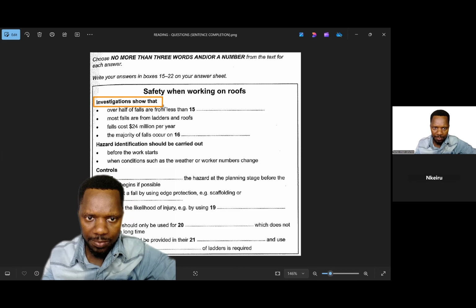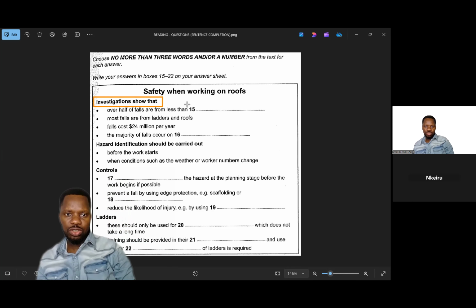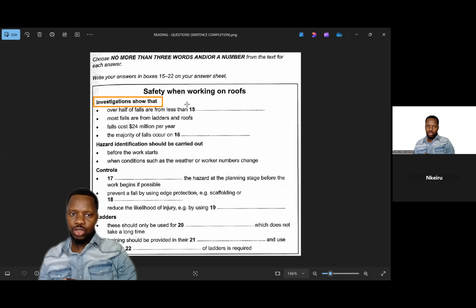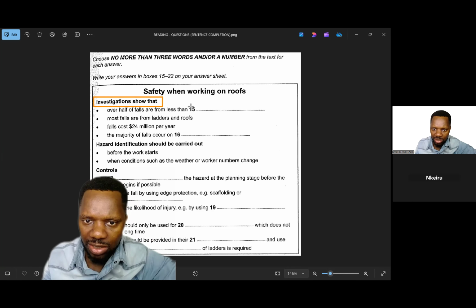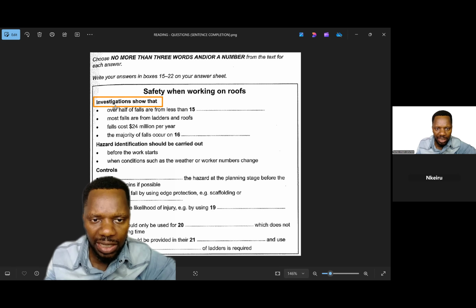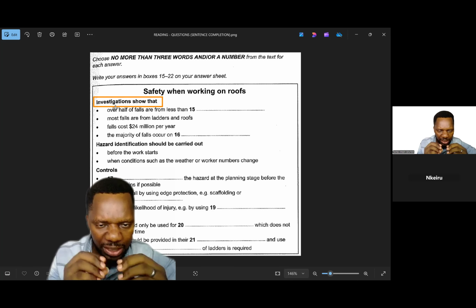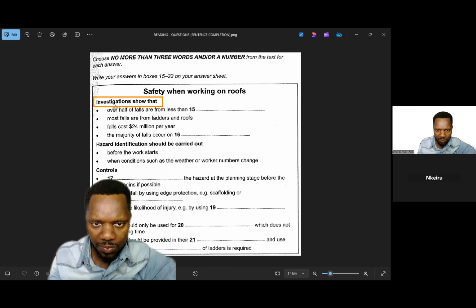This one right here says, investigations show that. So for questions 15 and 16, your answers will come under the paragraph that has something to do with investigation and their proofs. So this is how you can begin to work around your answers.